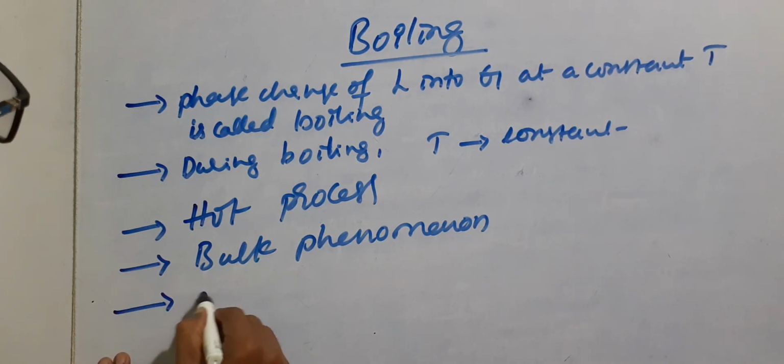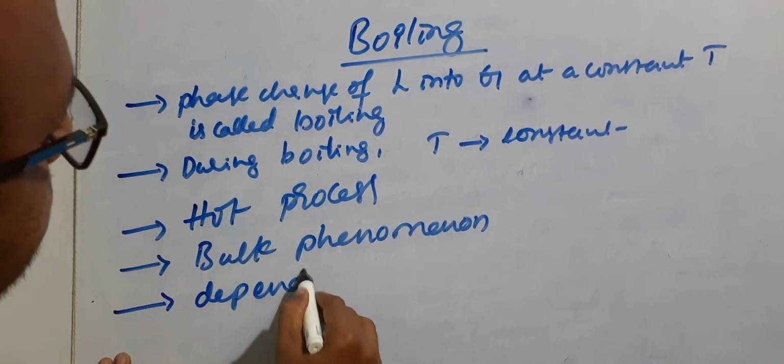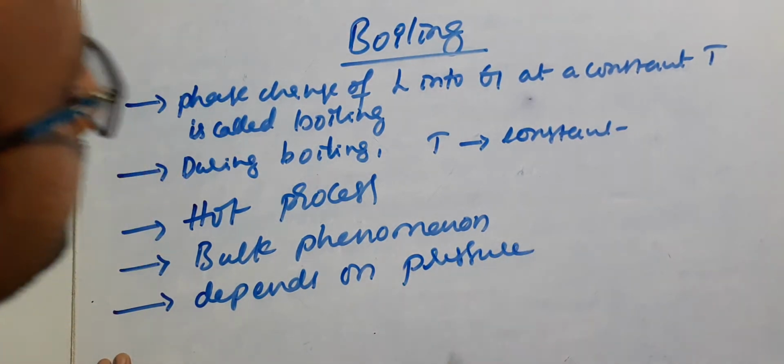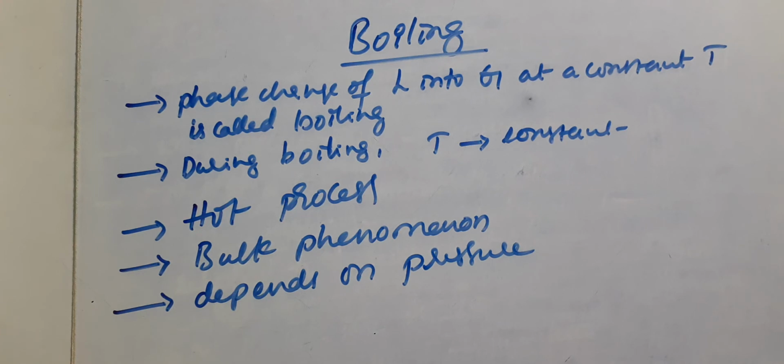Boiling also depends on pressure. For example, if you take water, the boiling point of water increases with increase in pressure and decreases with decrease in pressure. When you increase the pressure on water, its boiling point increases. When you decrease the pressure on water, its boiling point decreases.